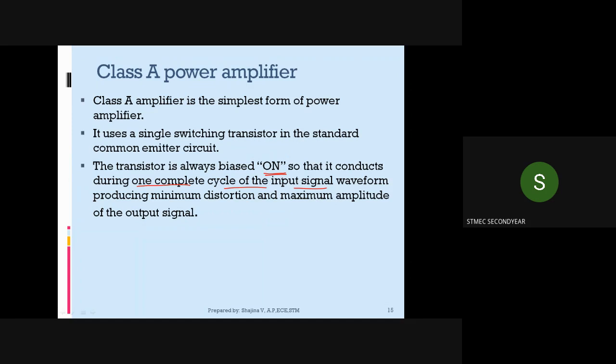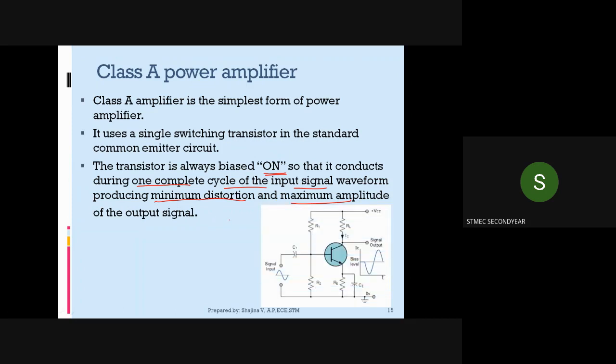Or we can say we are fixing the Q point to the middle of the load line. That's why our transistor turns on full time. That is, for the complete cycle of the input signal waveform, the transistor will be on and it will produce minimum distortion and maximum amplitude at the output signal.